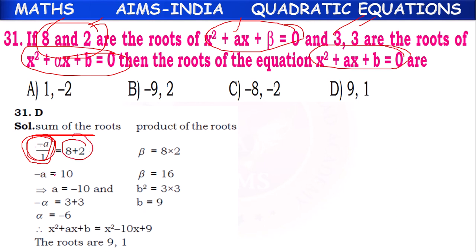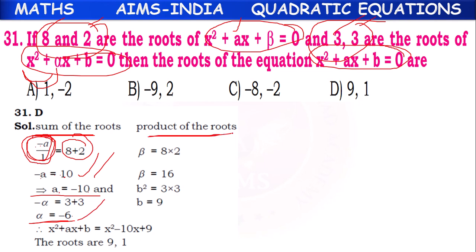So minus a equal to 10, or a equal to minus 10. In the same way, from the second equation, sum of roots minus alpha by 1 equals 3 plus 3, 6. So alpha equal to minus 6. We got the alpha value.